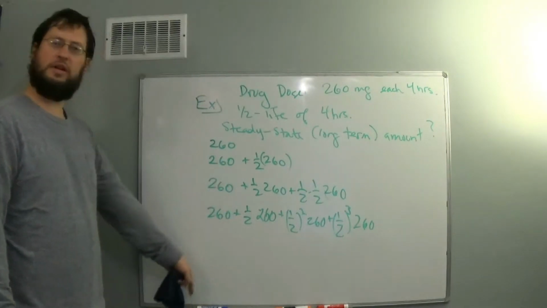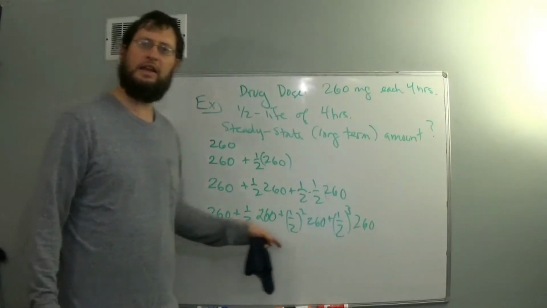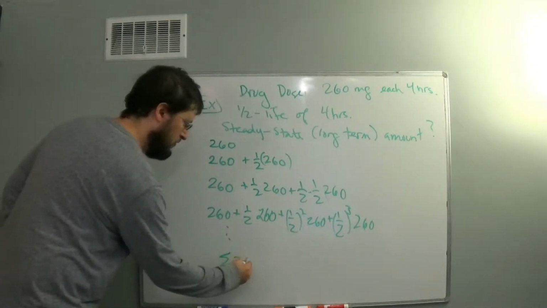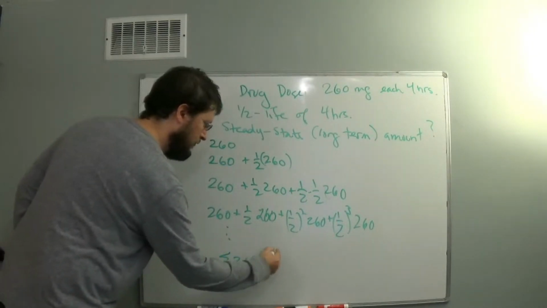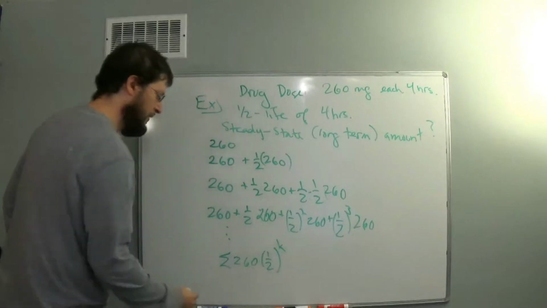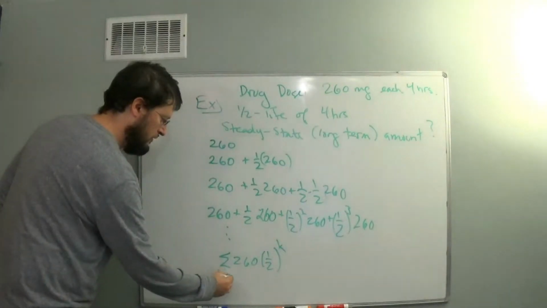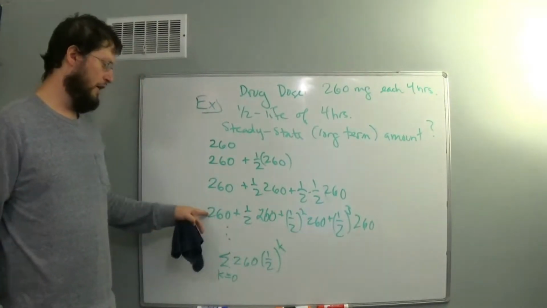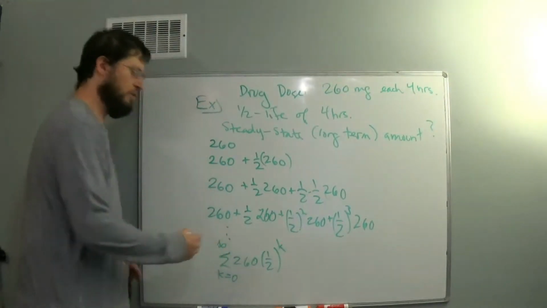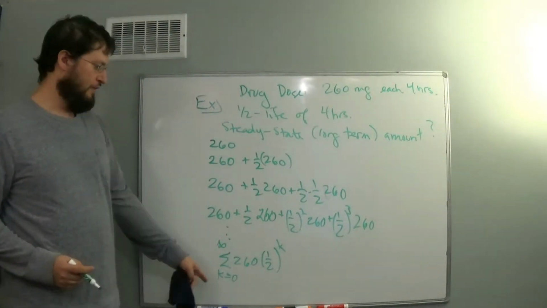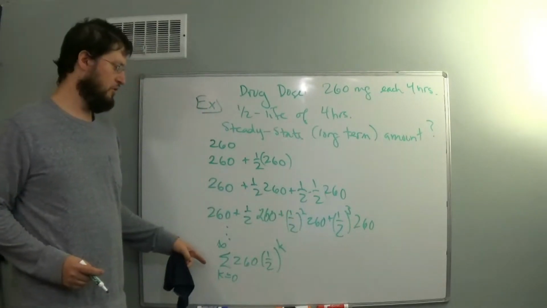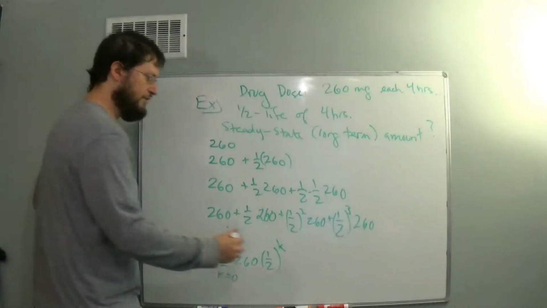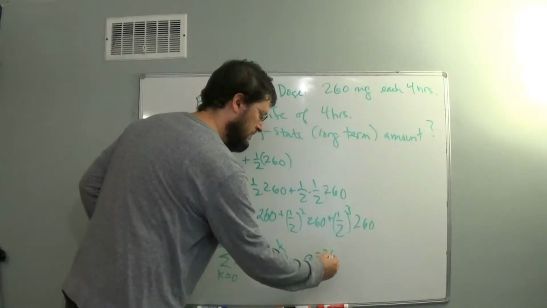If we go all the way down to infinity, we get an infinite series. This will be the sum of 260 times 1/2 raised to the power of k, where k starts at 0, because the 1/2 to the 0 makes 1, and that's our first dose, going to infinity. That's fine, so we can write the sum like that in summation notation. This is actually better for finding A and R. A is 260, the very first term.